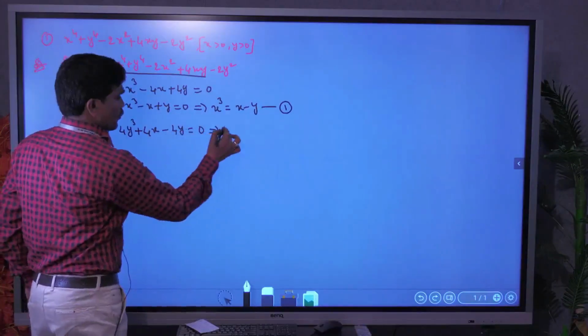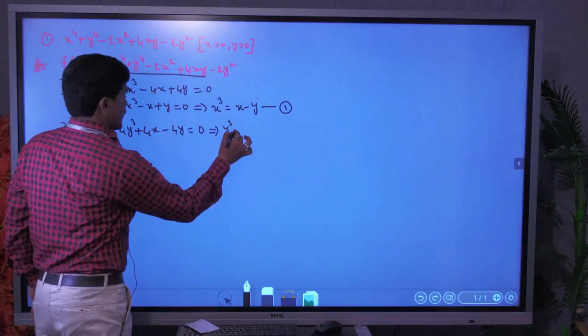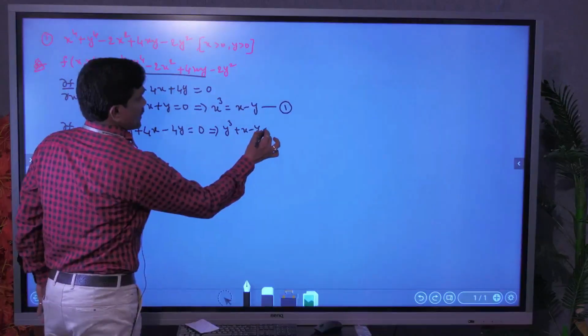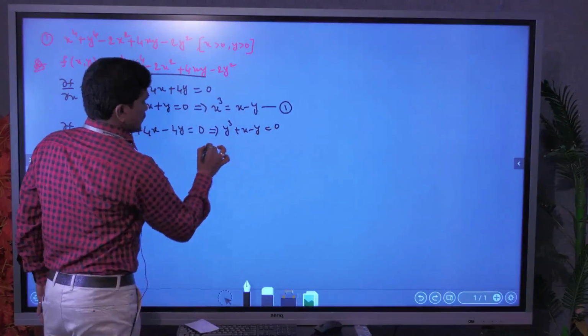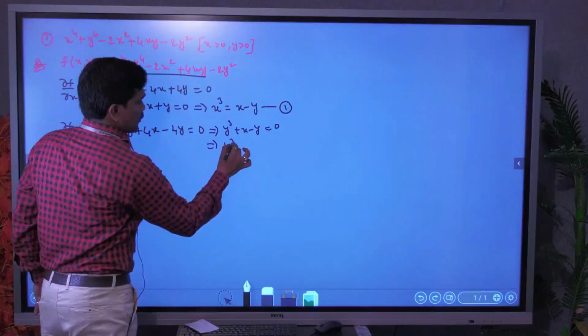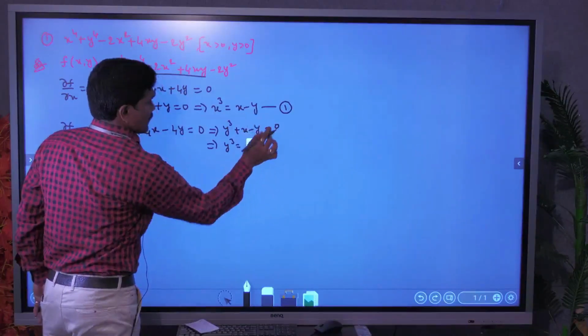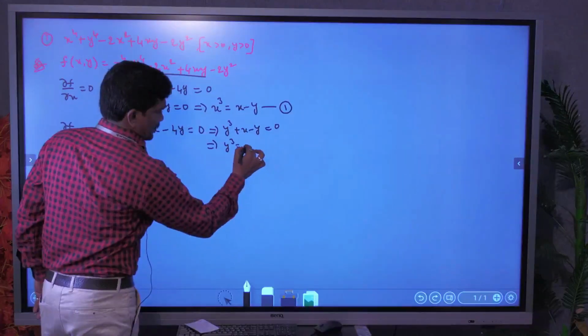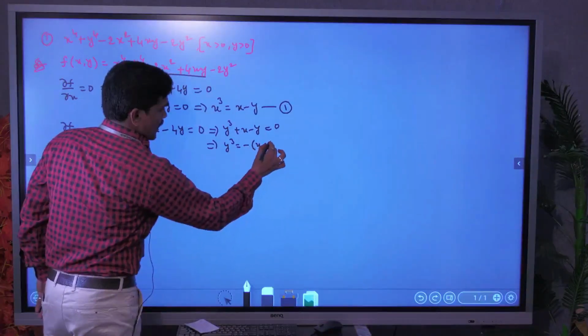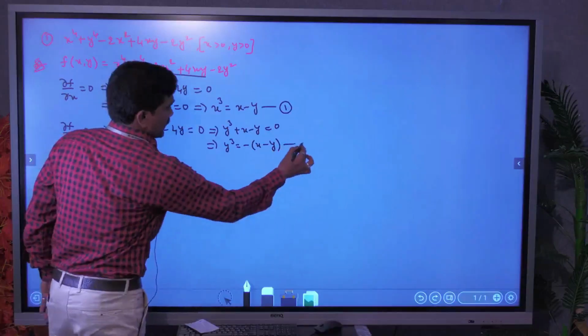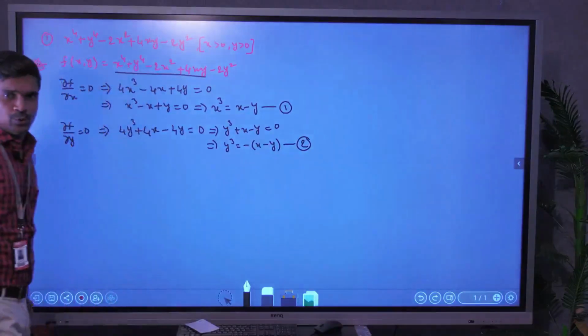That implies, with 4 common, y cube plus x minus y is equal to 0. Then we get y cube is equal to minus x plus y, so that is minus of x minus y. So this is equation 2, right?